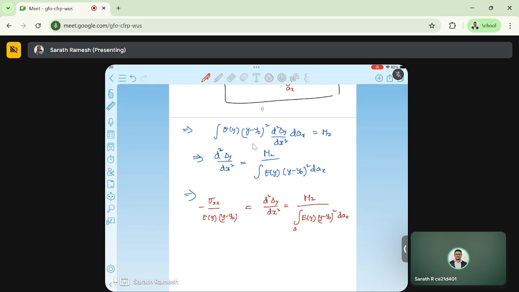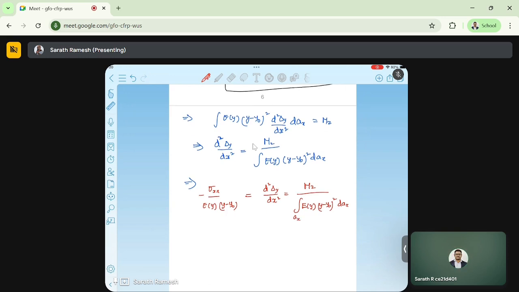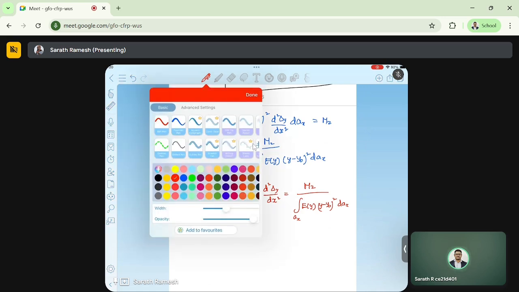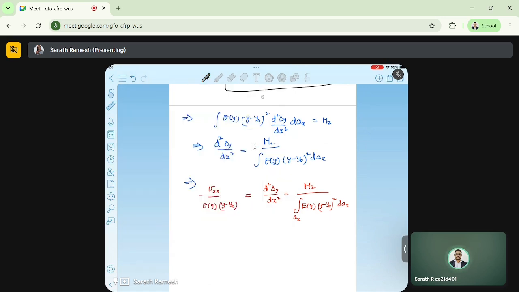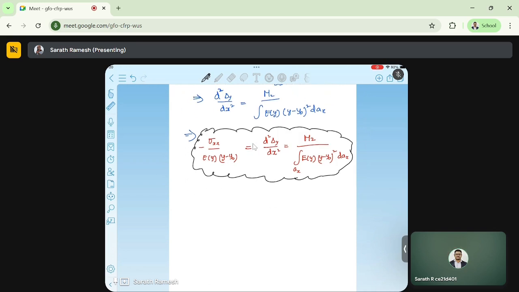This is Ax. Okay, so this is the modified bending equation that we can use for a non-homogeneous beam, right? If E is not a constant.